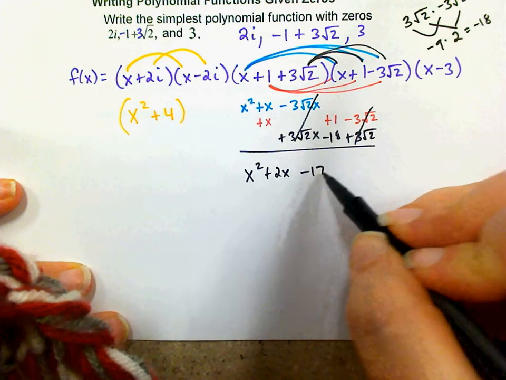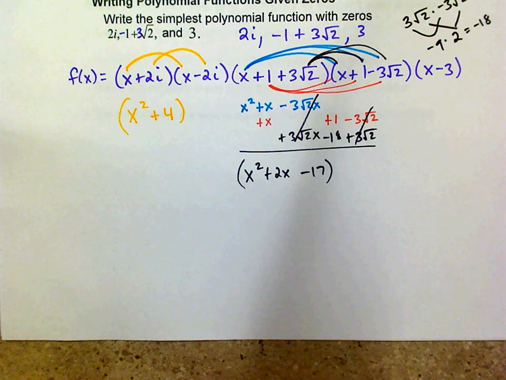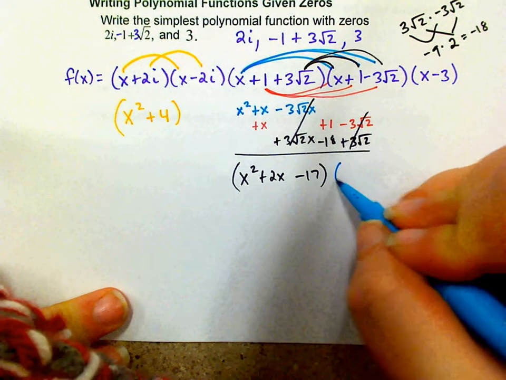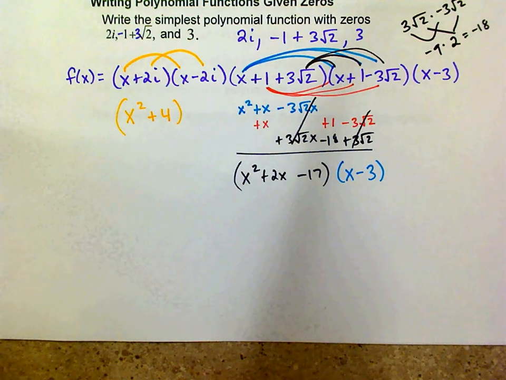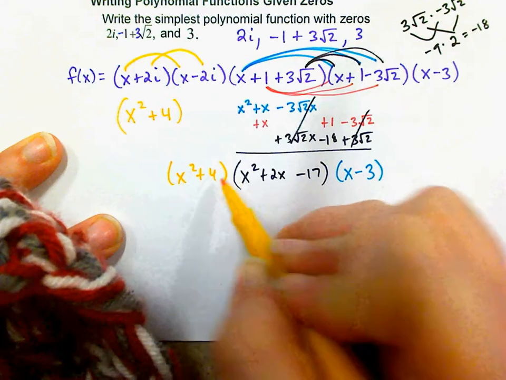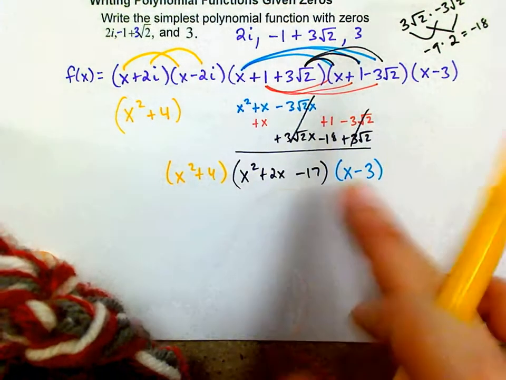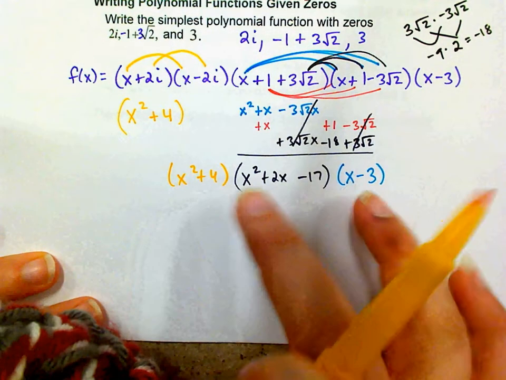And then for the last one I have x minus 3. Okay, when you're multiplying these three together, you can choose what you multiply together first. I'm going to choose to multiply these two times each other, and then multiply its answer by that. Okay?